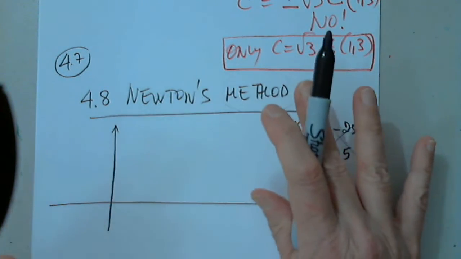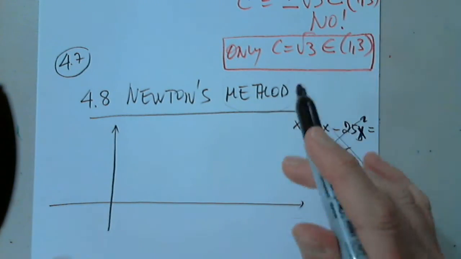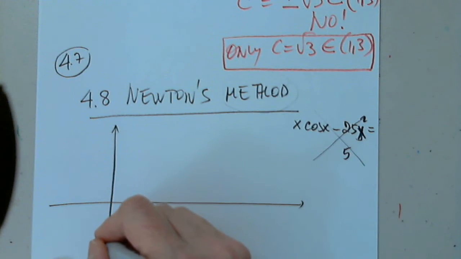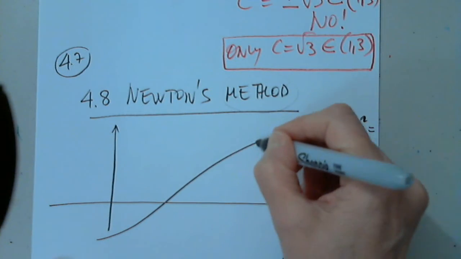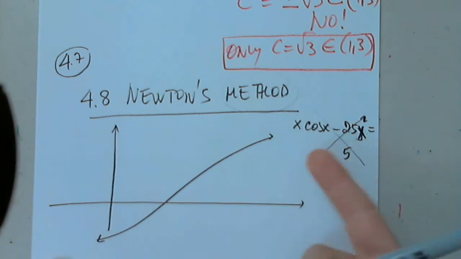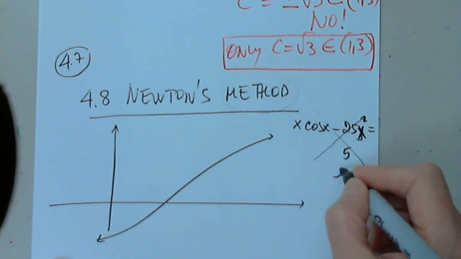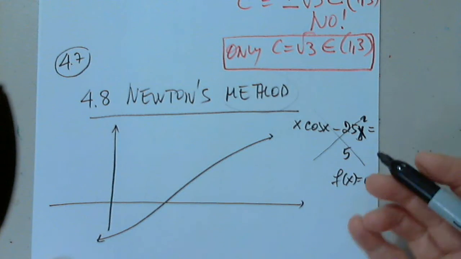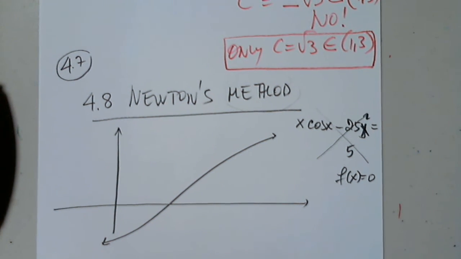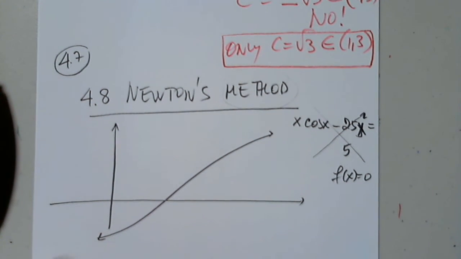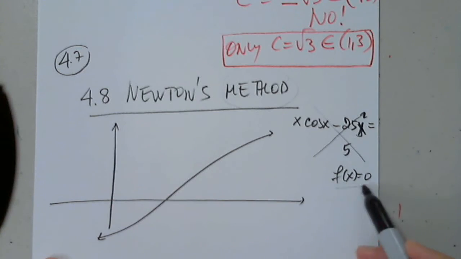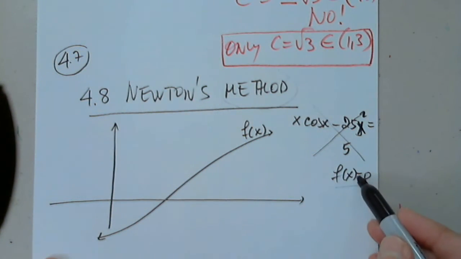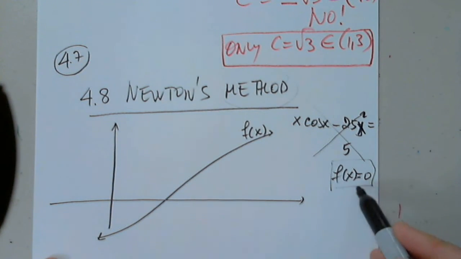So what is the idea? Let's suppose the function is this. What function? Whatever equals 0. I can move 5 to the other side and create a function, and we're going to do that all the time. So I have a function f of x, and I want to solve this equation.